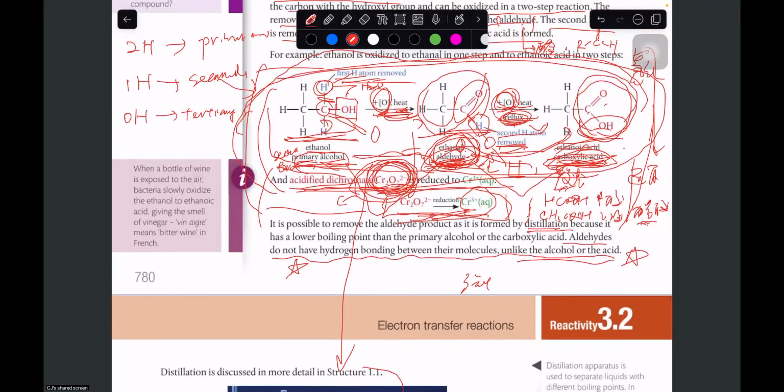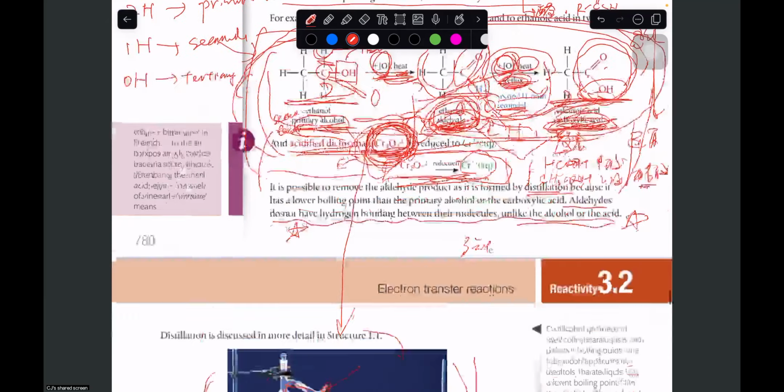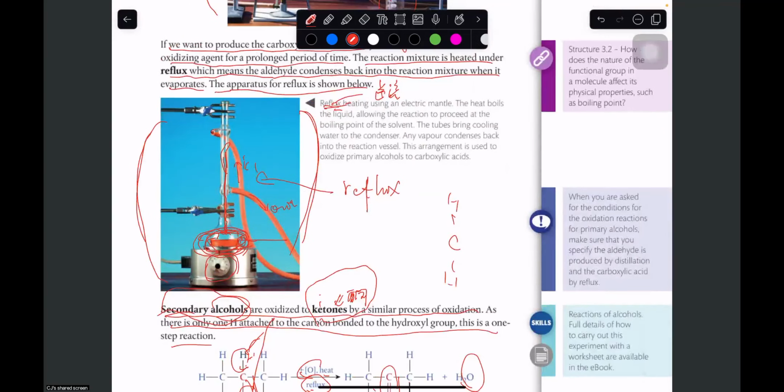So the oxygen is coming from these ions. When they are mixing, and if we provide heat, the reaction will occur to produce this one. And this acid has a very low boiling point, so it will evaporate as gas. But we don't want it to get out, so we use water to cool it. It will become liquid again, and it drops here. This apparatus is the reflux.